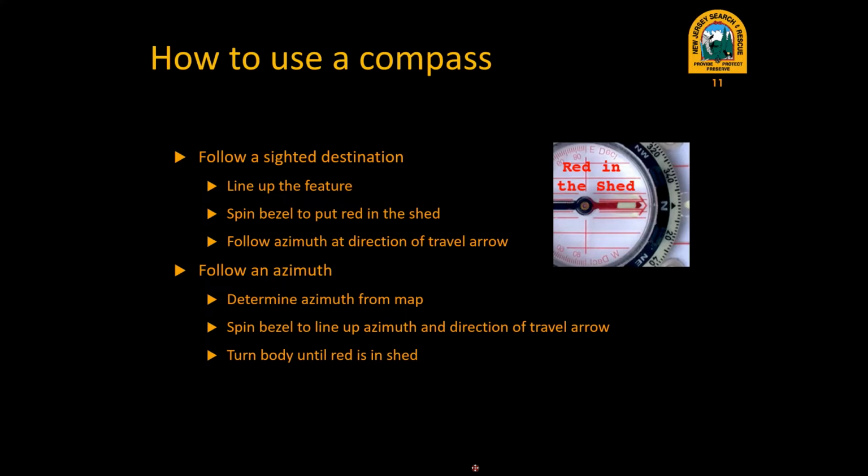In order to do this, you hold your compass in the palm of your hand, you line up the feature through the sighting window, and then you rotate the bezel of your compass until the red section of your needle is inside the shed, as we call it, a red indicator, usually with an arrow on the end. And then the azimuth that you'll need to follow is located at the white line in the front of your compass. Where that intersects is the proper azimuth.